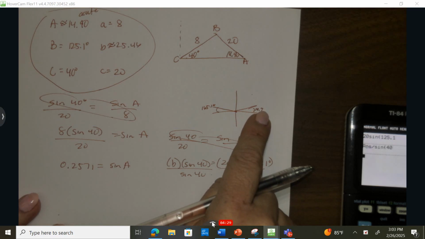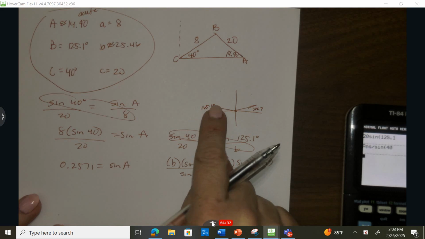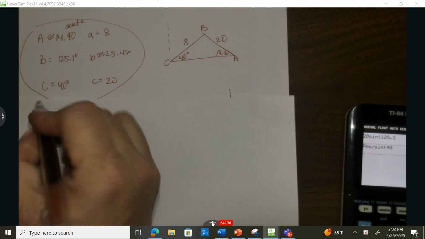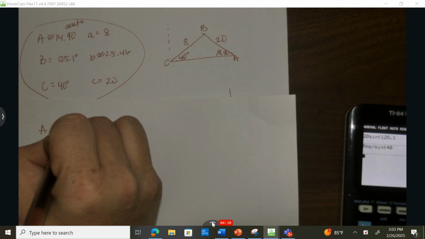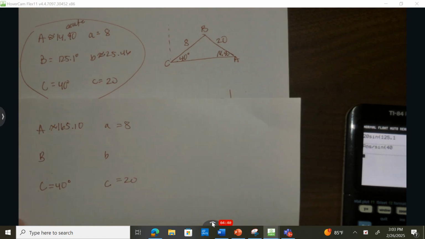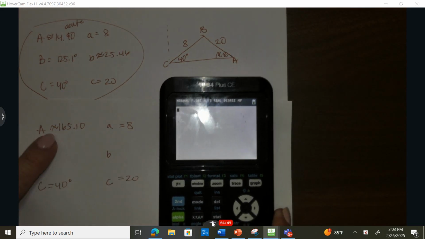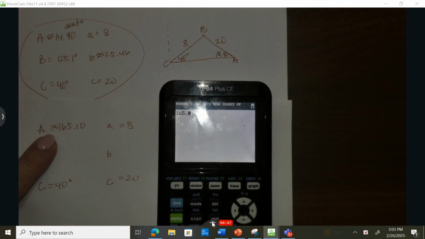And so I'm now going to check 165.1. I'm saying that I think A potentially could be 165.1. So just like we solved the missing pieces of this triangle, let's add this together. We have 165.1.